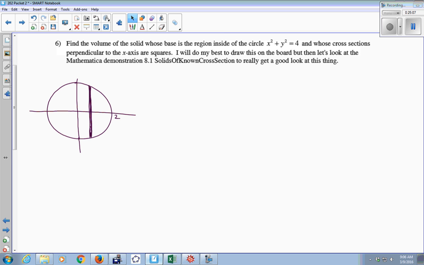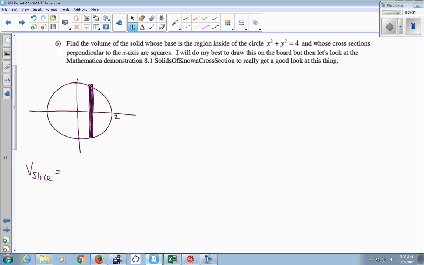Okay, so the volume of each slice. Again, each slice is going to be a rectangular prism, or a box, right?